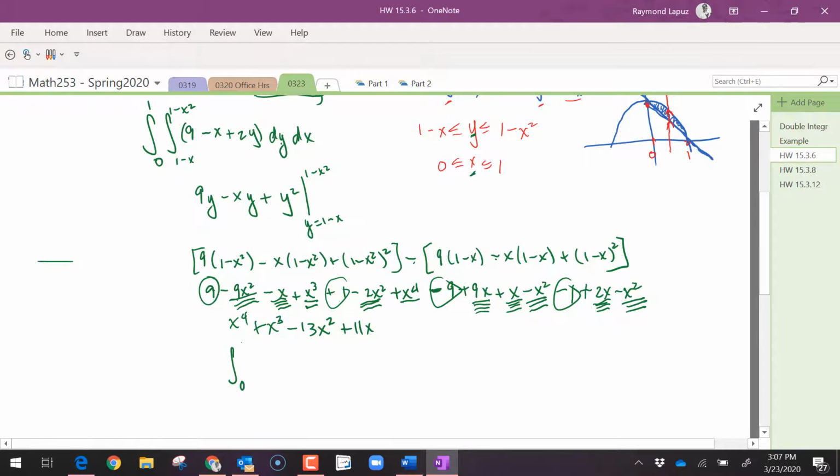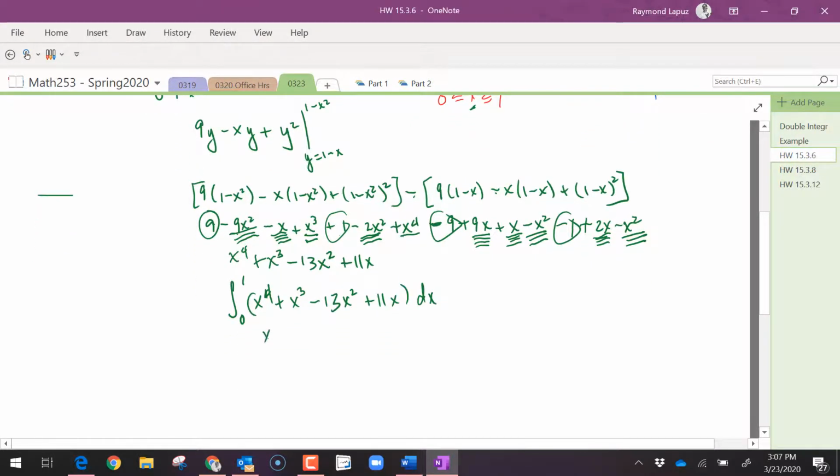Now we're going to integrate what we found: x to the fourth plus x cubed minus 13x squared plus 11x with respect to x going from 0 to 1.